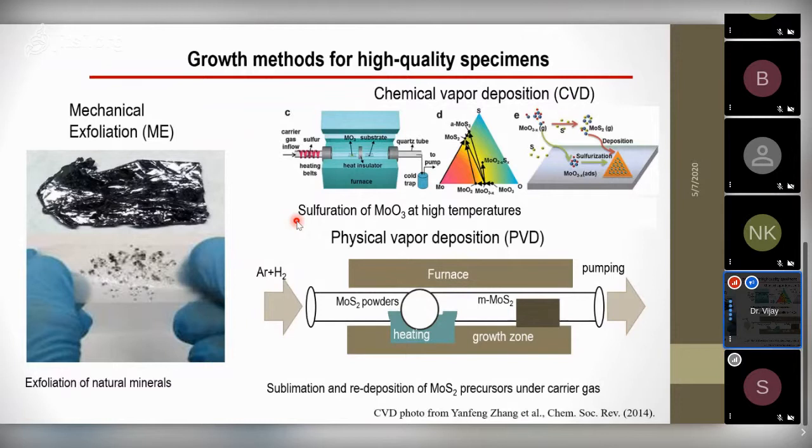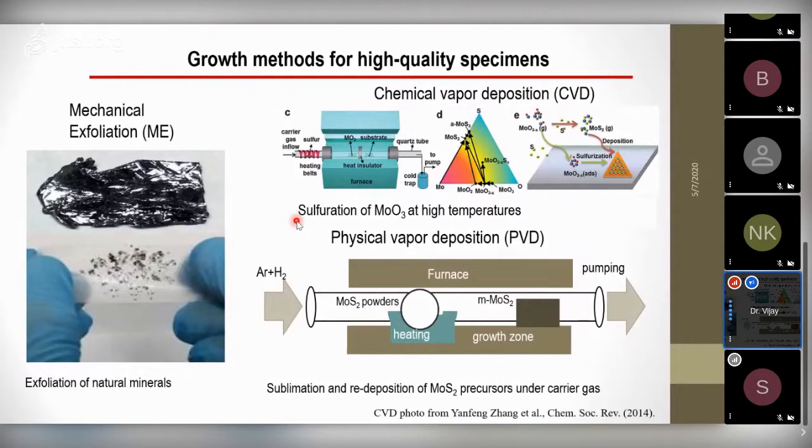The mechanical exfoliation is from the bulk crystal, which is just like using scotch tape in our regular laboratory or on a desk. You try many times, just peel off the layer, get it onto the scotch tape, change the scotch tapes, and add those layers onto silicon dioxide or any other substrate.